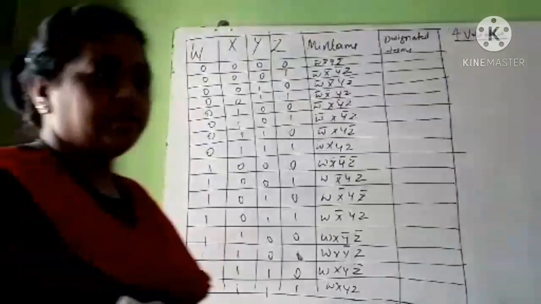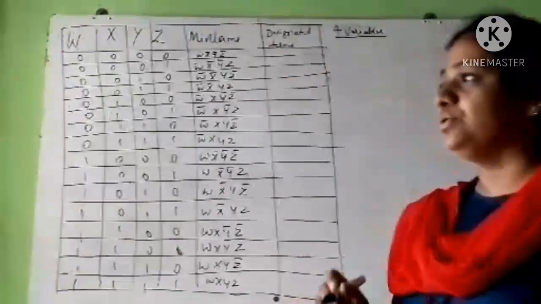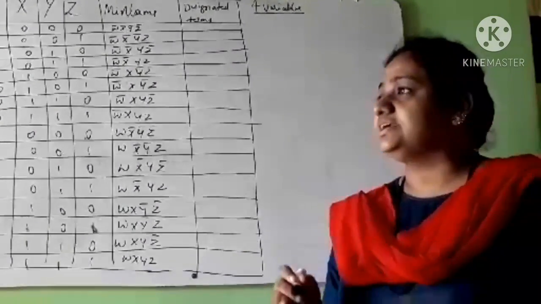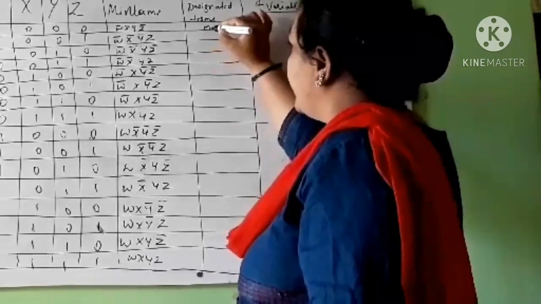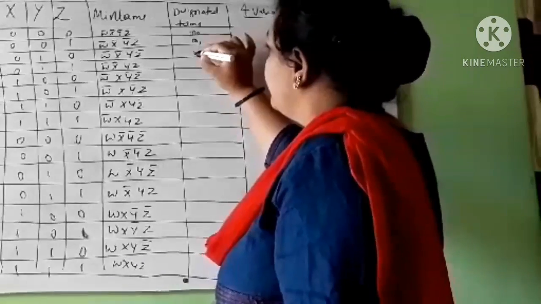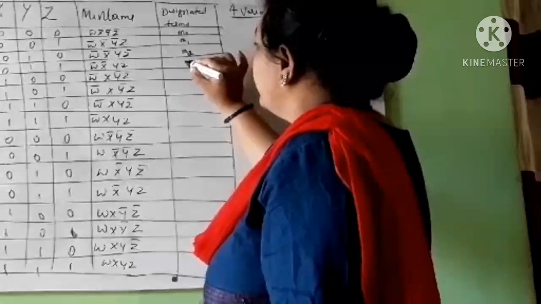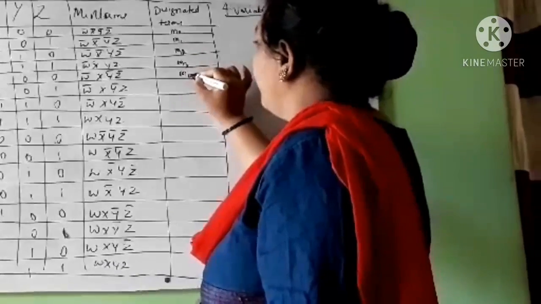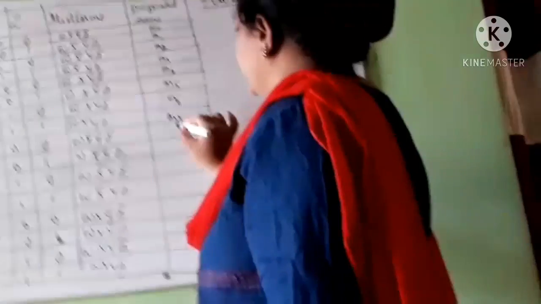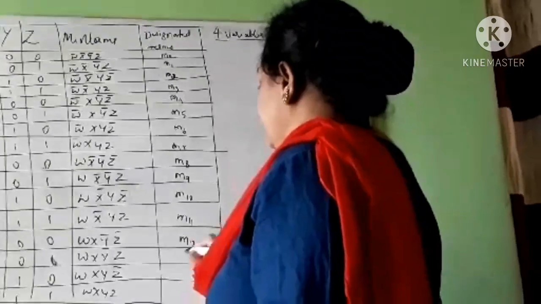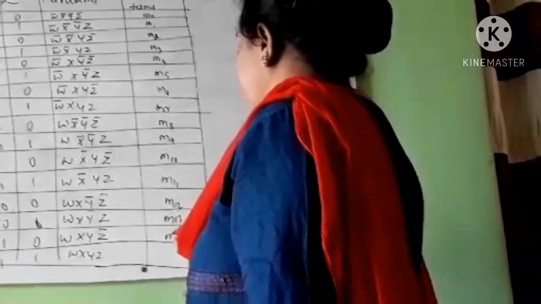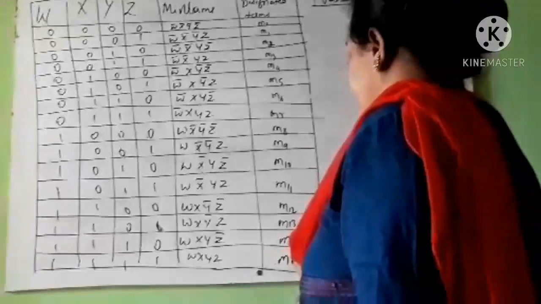So these are the minterm representations for 4 variables, and the designated terms, as I told you, the minterms are represented using a small m. So it will be m0, m1, m2, m3, m4, m5, m6, m7, m8, m9, m10, m11, m12, m13, m14 and m15.